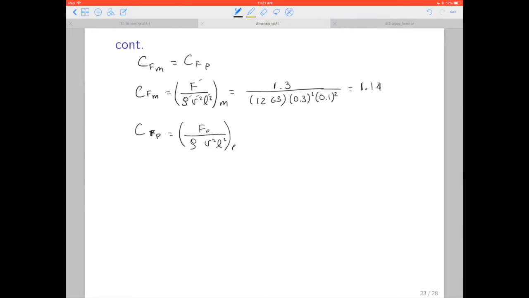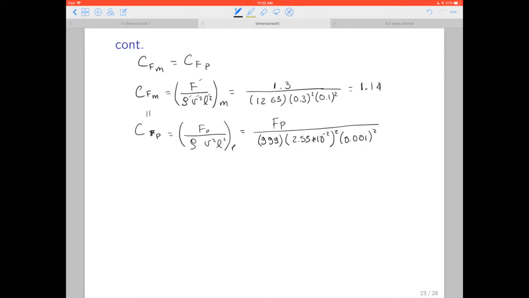So the force in the prototype is not known, but apart from that, the density is 999, the velocity is 2.53 × 10^-2, squared, and the length is 0.001, squared.